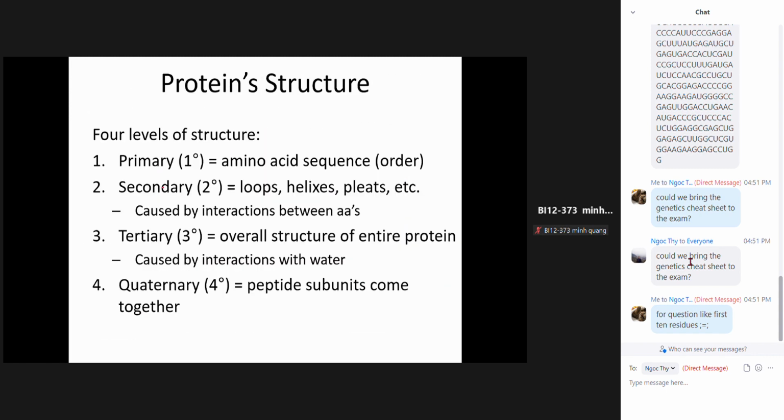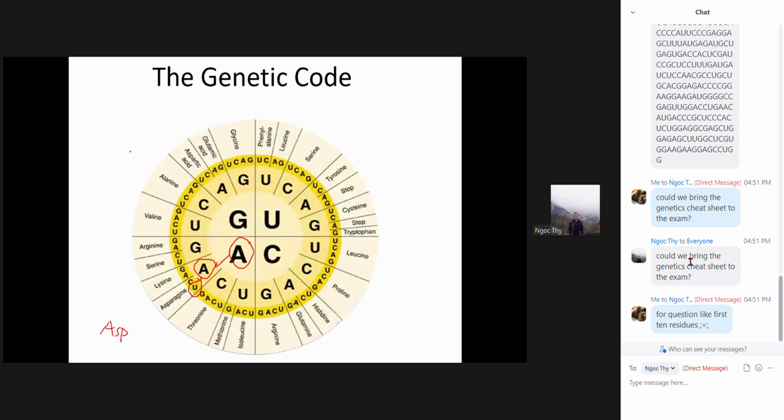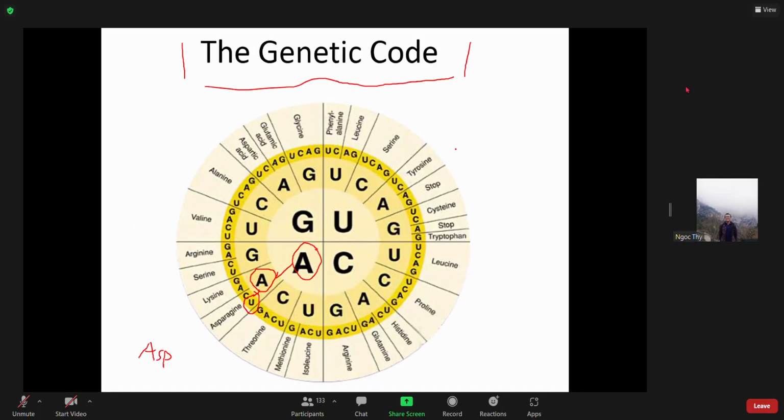Sorry, but if you are asking about the genetic code, I will print it into the question sheet for you, so you don't have to remember it. Does that answer your question?